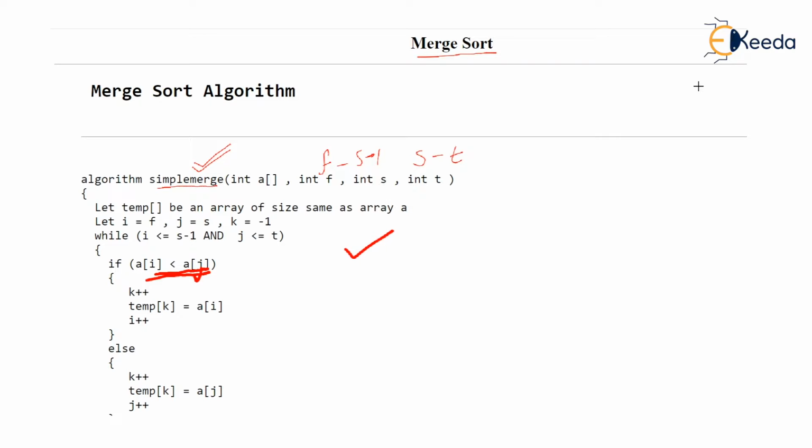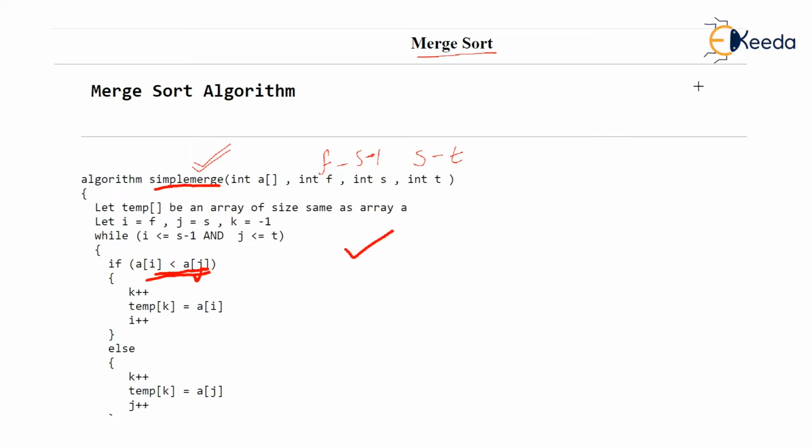The actual sorting is done by simple merge. Whereas the recursive merge sort is just a calling function which repeatedly calls itself and simple merge. So, analysis of merge sort must start with analysis of simple merge. And there is no heavy maths involved in this.